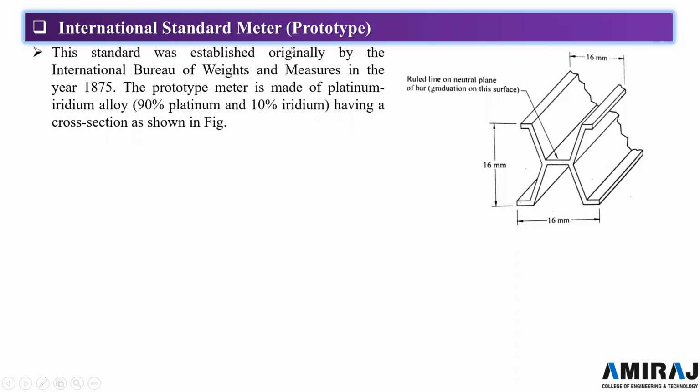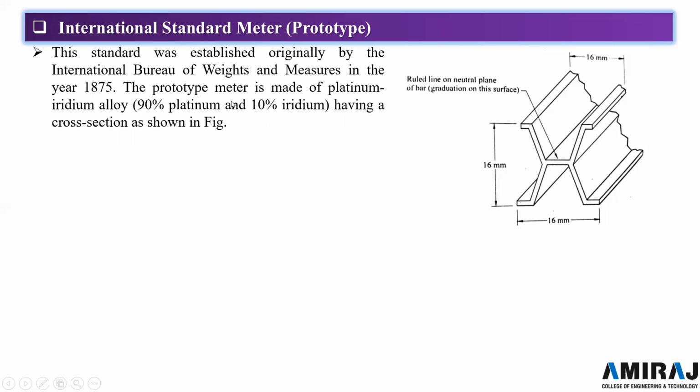This standard was originally established by the International Bureau of Weights and Measures in the year 1875. The International Bureau of Weights and Measures is very famous; you might have heard about it. In 1875, they developed this international standard meter.